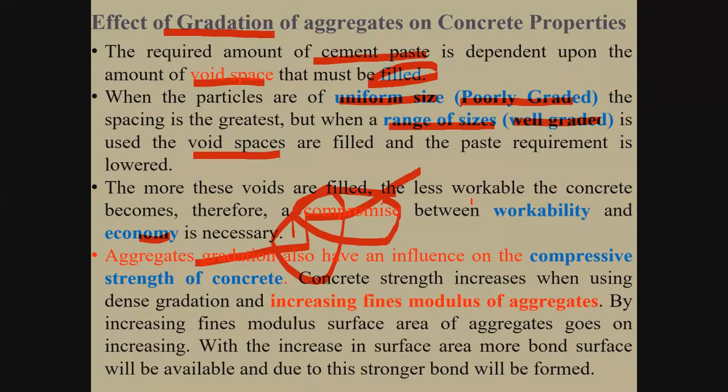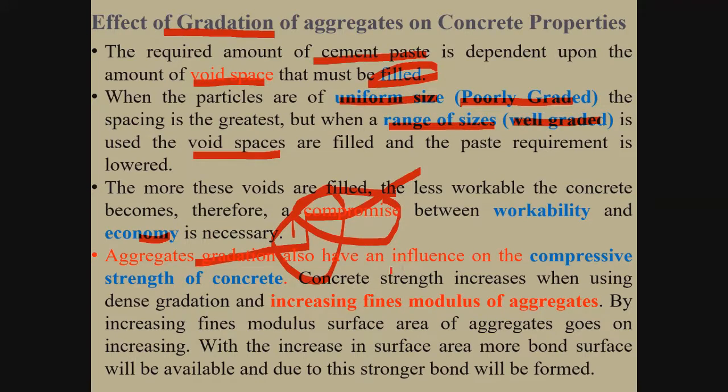And for example, if I'm selecting poorly graded aggregates, which means more white spaces, more cement paste will be required, and there will be an ingress of more water, which will make the concrete more workable and less economical. So it is our choice to select more workable concrete or more economical concrete. This is something which will be selected by the contractor or the department which will be using the particular type of aggregate, be it well-graded aggregates or poorly graded aggregates.